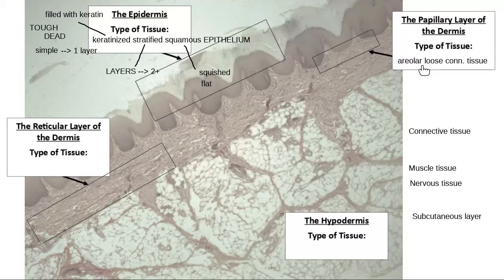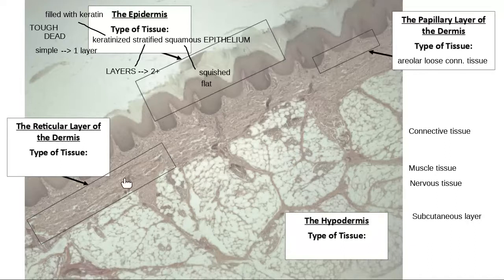So we've got really loosely arranged proteins and cells. The cells in this kind of tissue are called fibroblasts, fiber builders. All of this tissue right up next to the epidermis, in this layer called the papillary layer of the dermis, is areolar loose connective tissue.